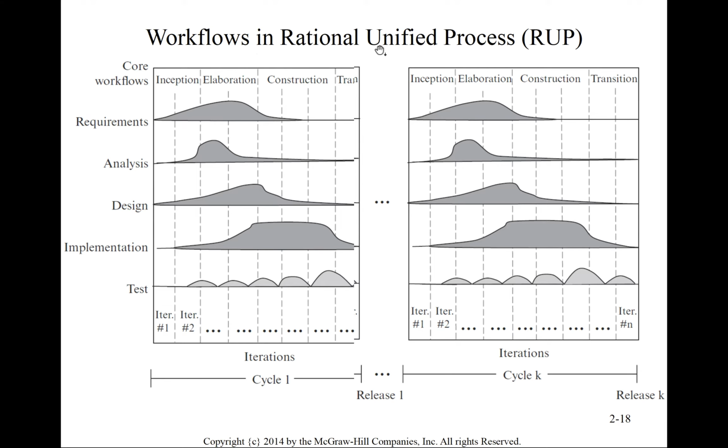Now let's turn to another quite well-known process called rational unified process, or sometimes people call unified process. There's a minor difference between the two, but we won't get into that. For our purpose, we consider them the same or similar.